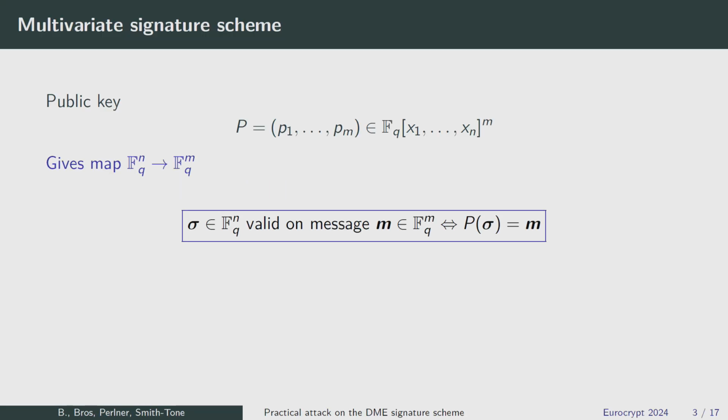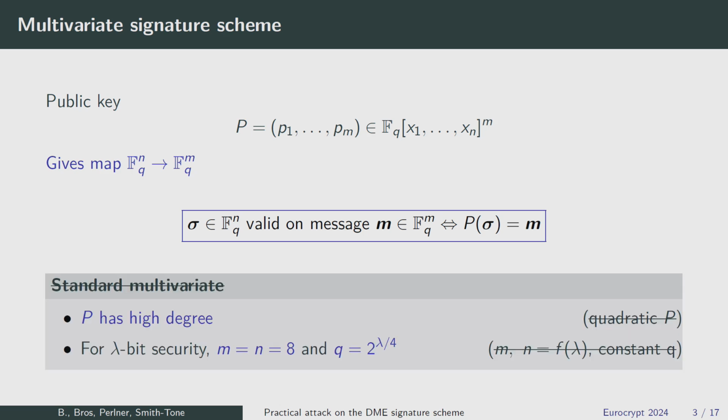So DME is a multivariate scheme, so the public key, as usual, is a set of polynomials P1 to Pm over a finite field F_q in n variables. I will also view this public key as a map from F_q^n to F_q^m. And a signature sigma is essentially a pre-image of our message under this map, so that verification boils down to computing the map.